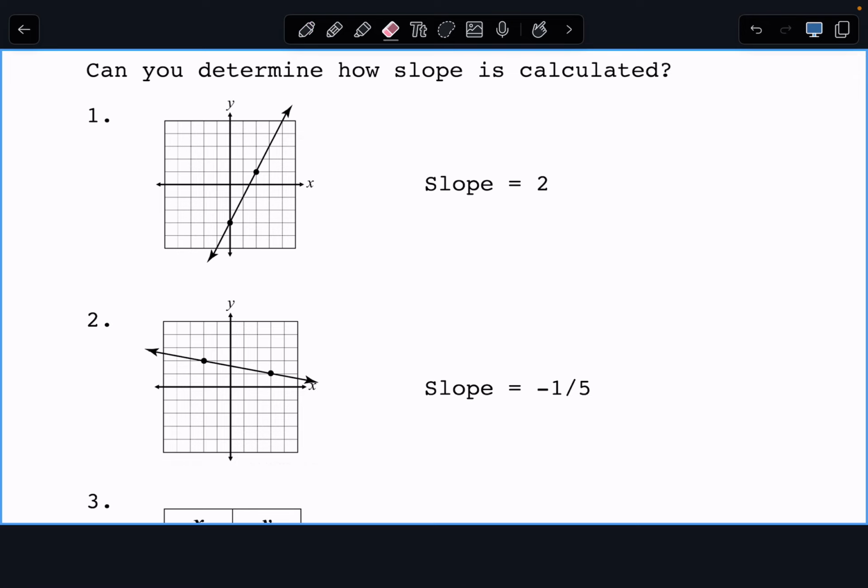Kind of. Okay. So, I remember this from, like, a while ago. So, it's like you go over 5 and right's positive, left's negative, down negative, up positive, like normal. So, you go right 5 and down 1, which is kind of the same thing. Meaning it's like 5 divided by -1.